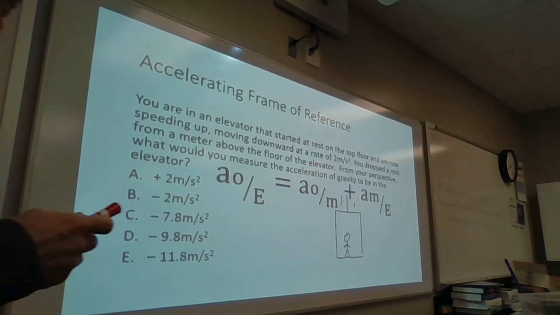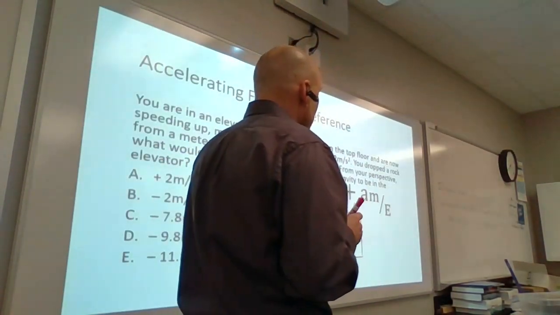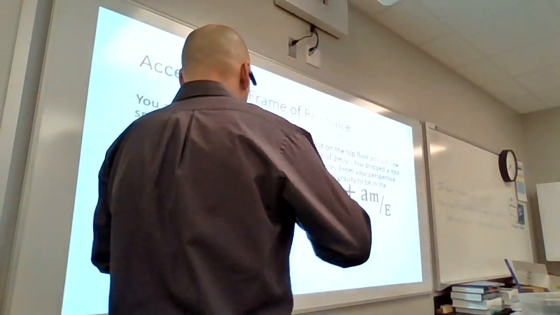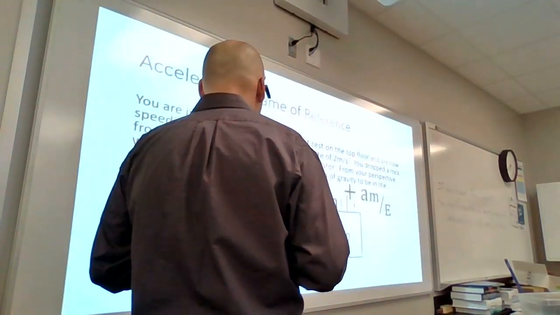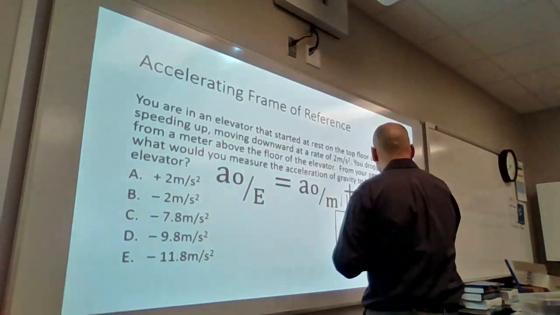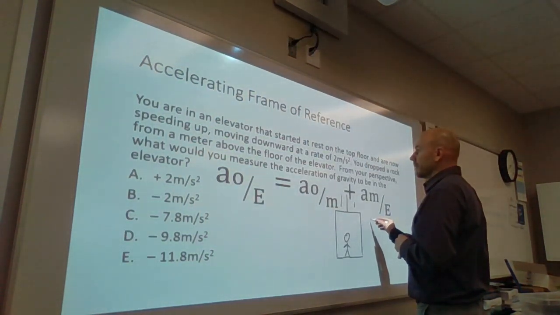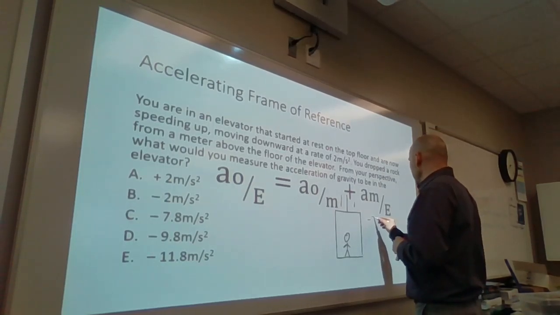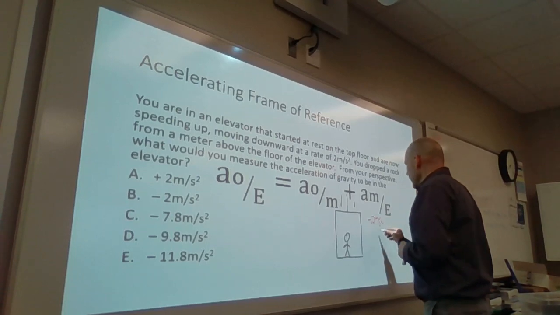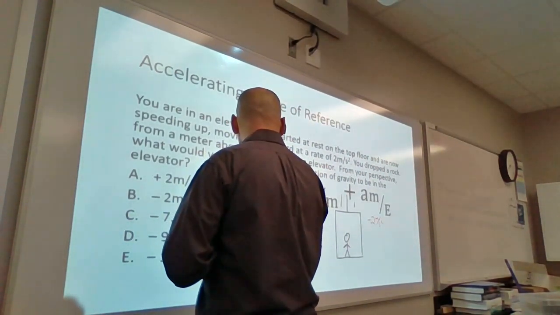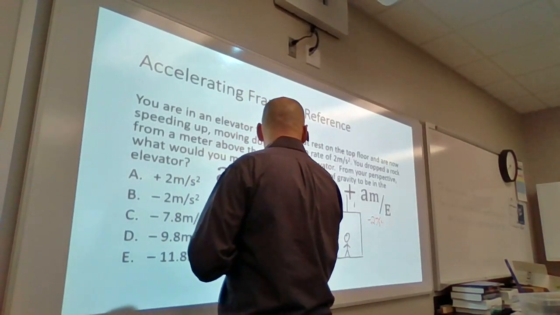Okay, so here's how you do the math. You've got this is negative 2 meters per second squared. This is negative 9.8 meters per second squared, and you're looking for this.